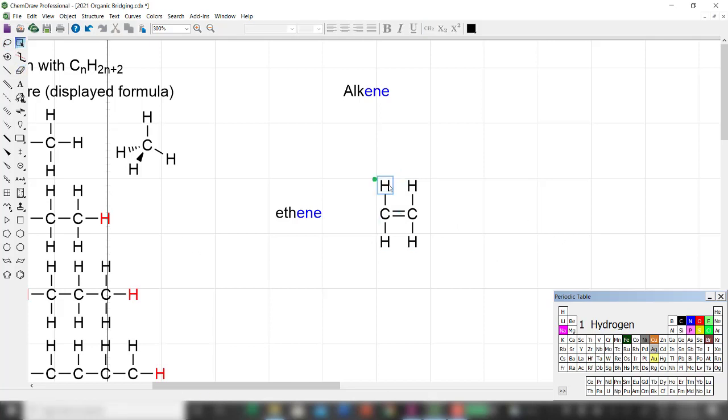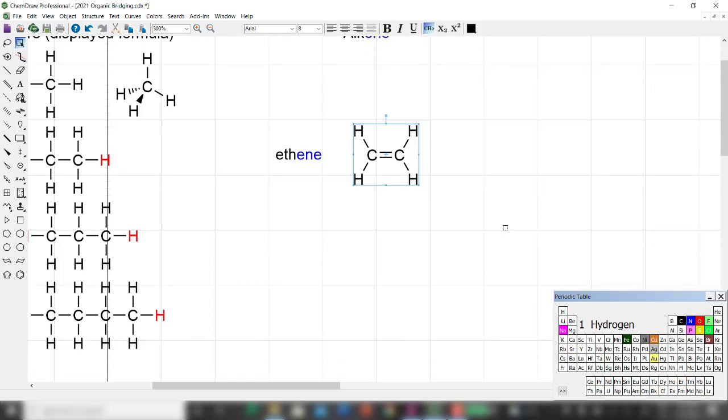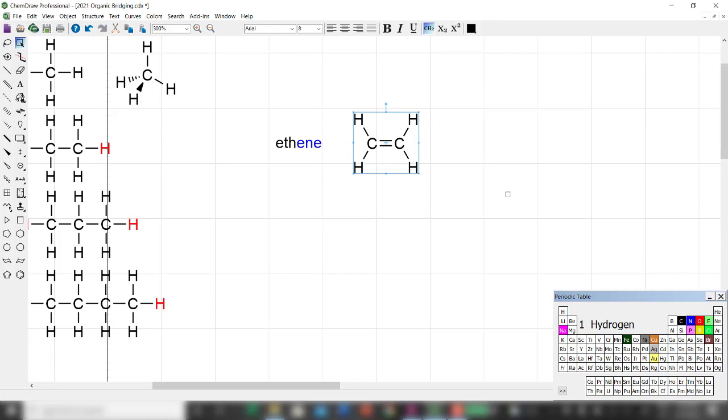But for H2, we would really want all of you to showcase it with the trigonal planar geometry, like this, as a reminder that the bond angle is 120. So do showcase it with the trigonal planar geometry where possible. In most cases you can try to do that. So again, ethene will look like this.